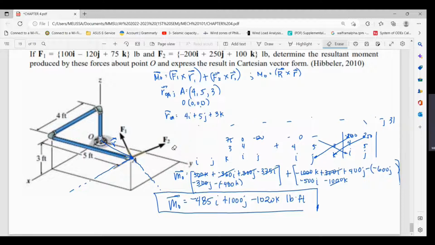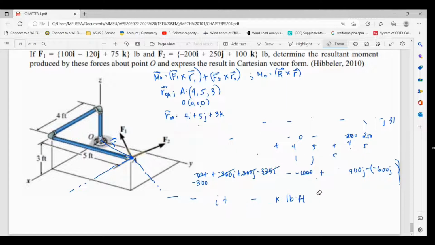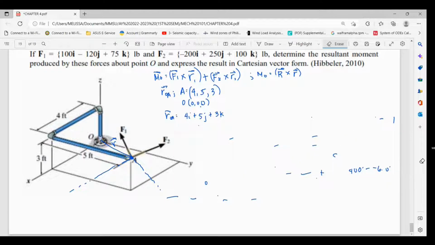So, for the resultant, okay, for the resultant, gamitin naman natin itong procedure na to.